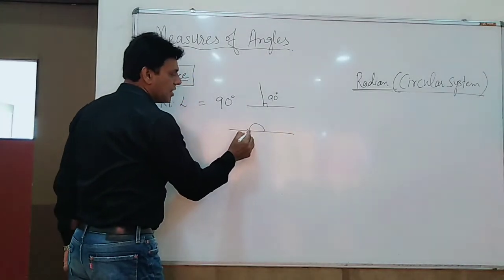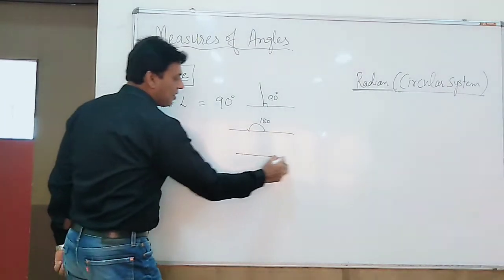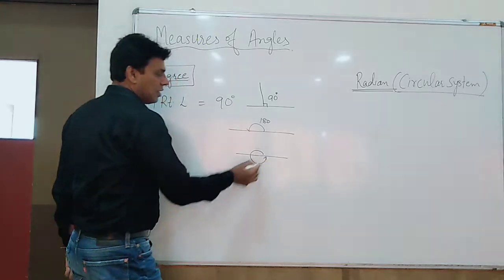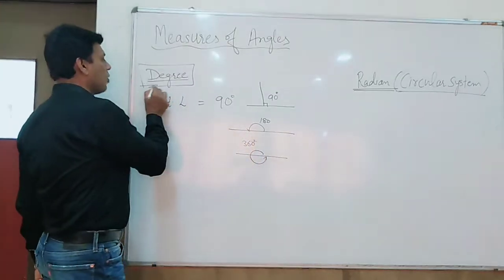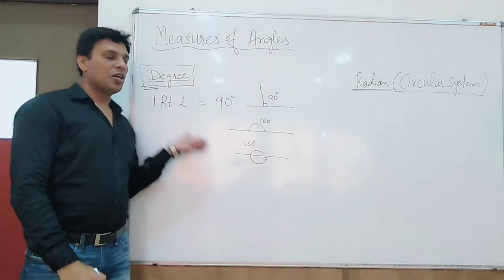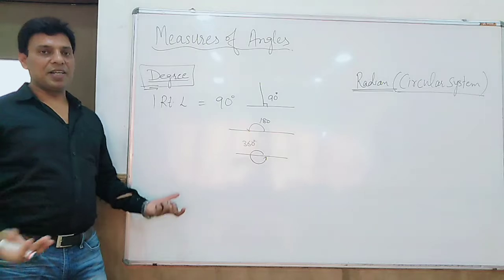One complete line is obviously double of 90, that is 180, and one complete revolution, that is circular angle, is 360 degree. So this was our old system, degree. One right angle is equal to 90 degree.